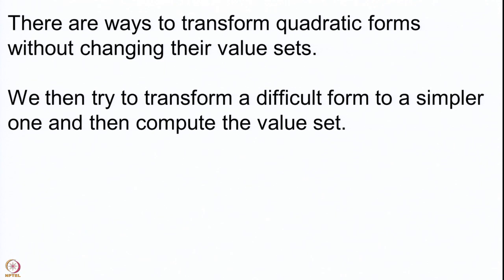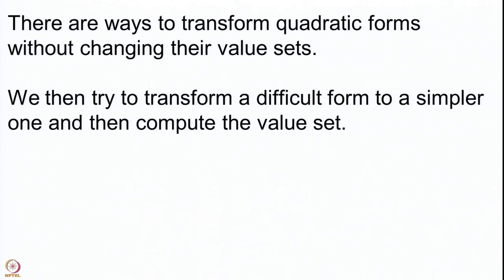So one form will be equivalent to another form, and we would also try to have this relation so that the value sets turn out to be the same. Whenever we want to compute the value set of a given binary quadratic form, which may look difficult because a, b and c might be big numbers, they might come with different signs, and computing values by hand might be very difficult, we would then transform it to a simpler looking form.